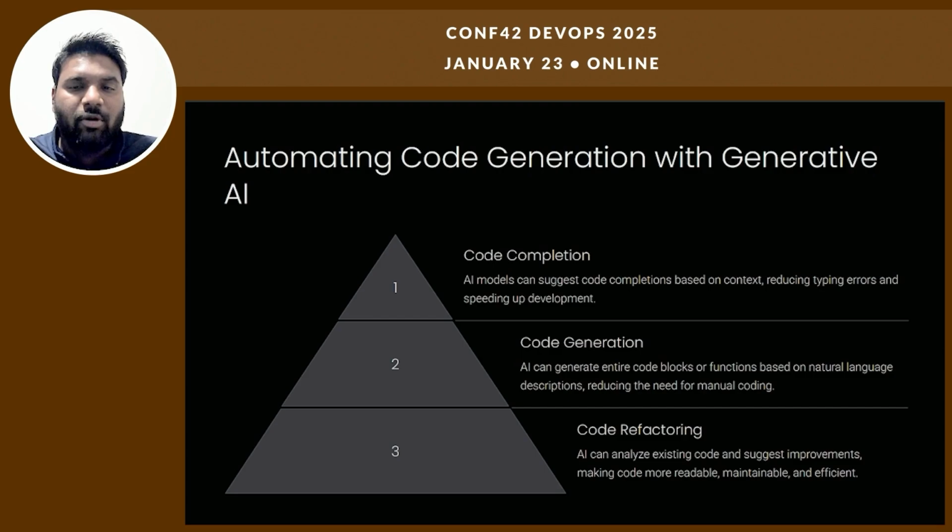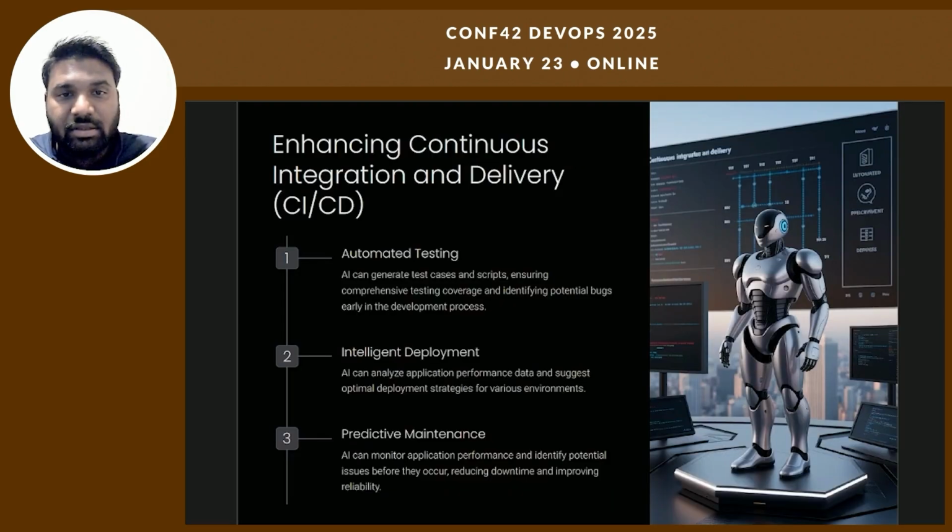So let's talk about how AI can actually help in enhancing CI/CD pipelines. The key improvements in this area, right? Automated testing generated by AI ensures broader test coverage and faster bug detection. This is one of the key improvements that AI can help with in the CI/CD world.